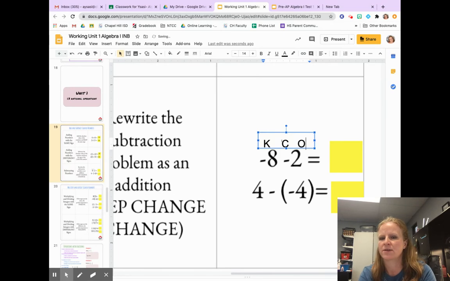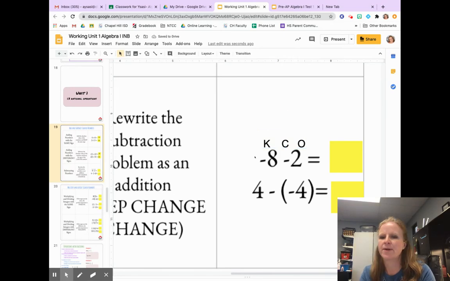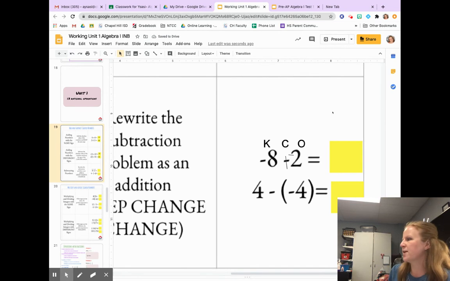KCO? Okay. So I'm going to keep this the same. I'm going to change this minus, so I'm going to insert a plus. And then opposite. That means I need to do a negative here. So -8 plus a -2. Are y'all able to put these lines in?